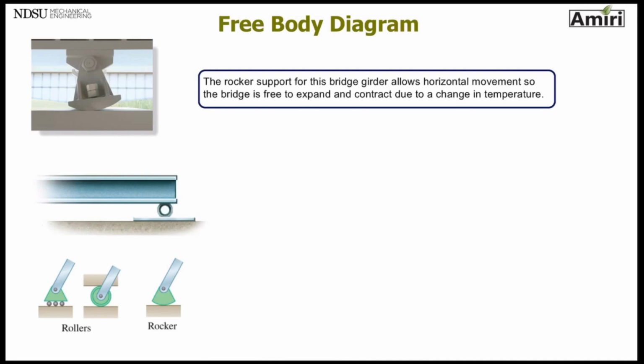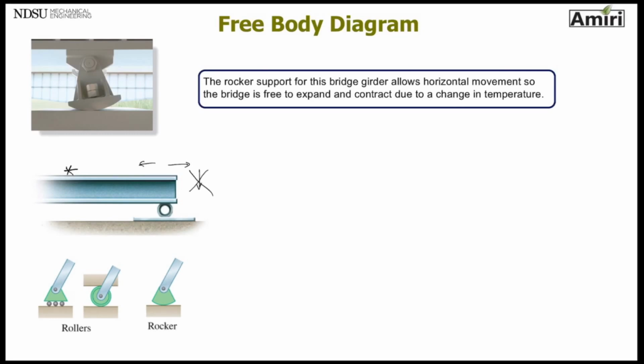The figure below it is a beam put on a roller. So think of this roller as a pipe, and you're putting your beam on a pipe, and it is able to move to the left or to the right, but it cannot go this way. It's preventing that.